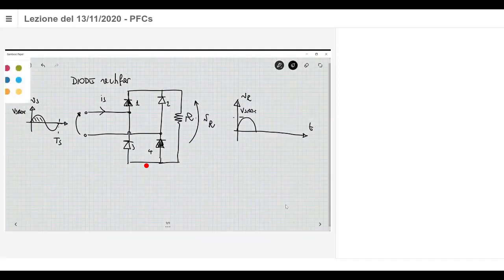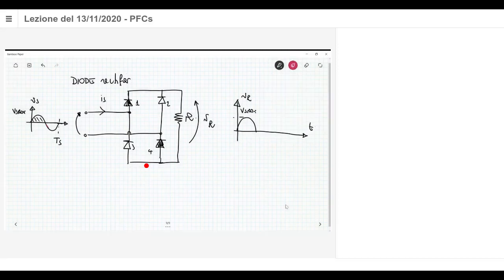Then when the voltage at the input is negative, diodes D2 and D3 are on, providing you an expression at the output which has this value. So the frequency here is, let's say, twice the input frequency.